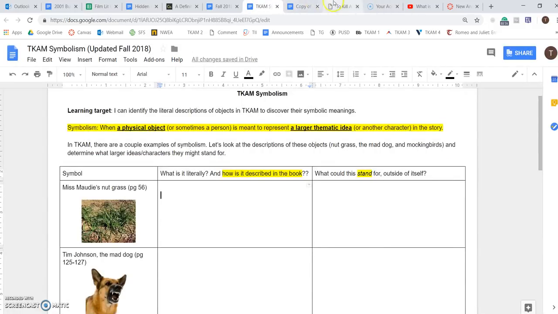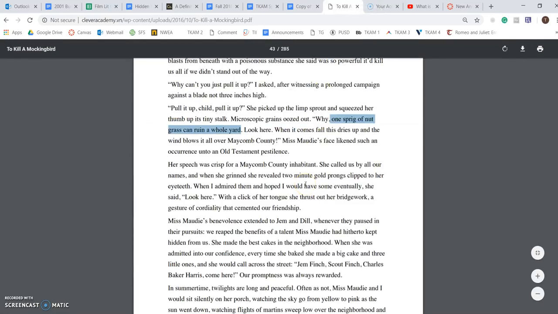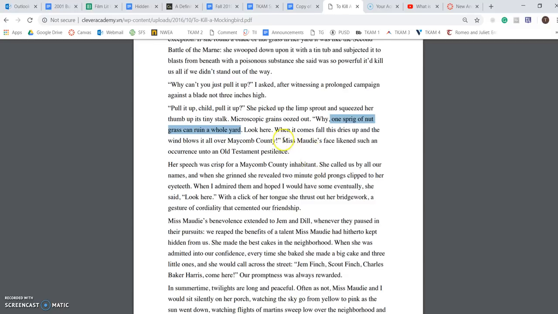Right? And then the other thing she says about it is that it's compared to an Old Testament pestilence. Old Testament is just in the Bible. It's the first half of the Christian Bible, so the bit before Jesus is the Old Testament. Have you ever seen The Prince of Egypt? With all the plagues and things that come down, that's pestilence. Pestilence is a plague or a disease.